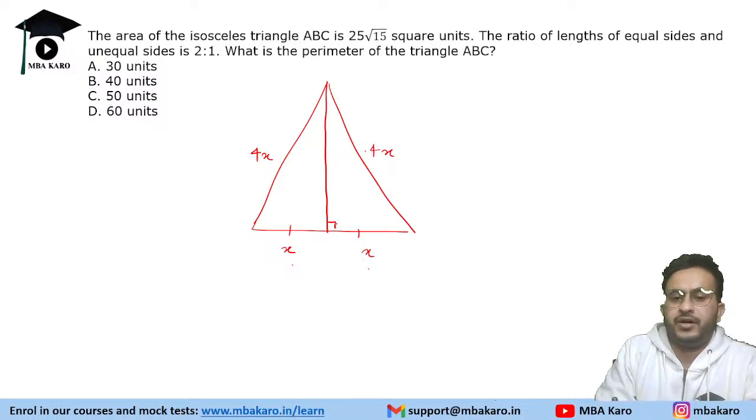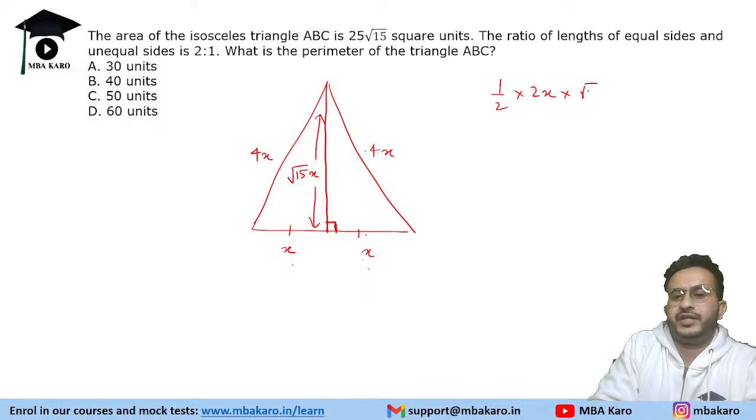Now when we drop a perpendicular it bisects the base. So what will be this height? Root of 4 square minus 1 square, that is root 15, so root 15x. The perpendicular distance is root 15x. What is the area of the triangle? Half into 2x into root 15x, that is equal to 25 root 15.